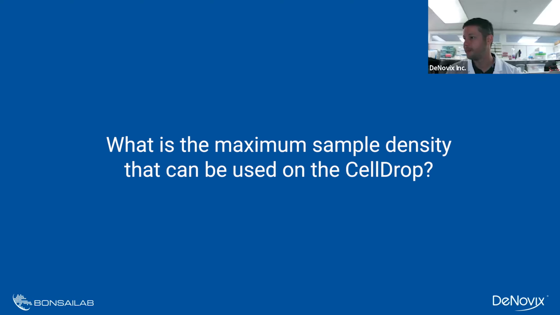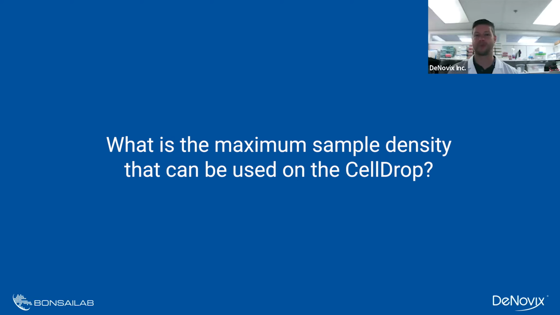And last question here: what is the maximum sample density that can be used? We determine this empirically, using tissue culture cells. So results may vary slightly if you're using something that's very small, like yeast. But we found that you can do 25 million cells per mil on the CellDrop if you have the chamber at the lower height, which is 50 microns.